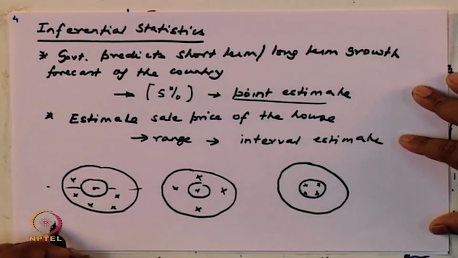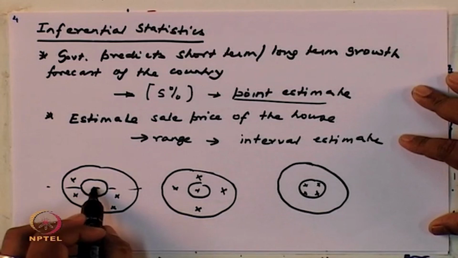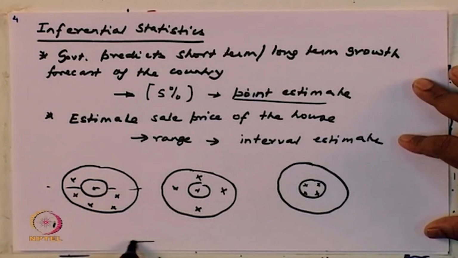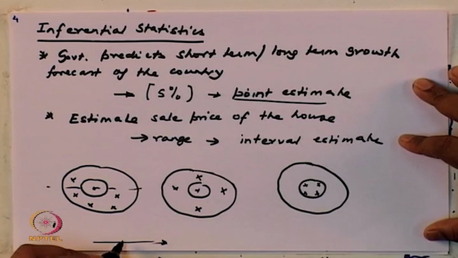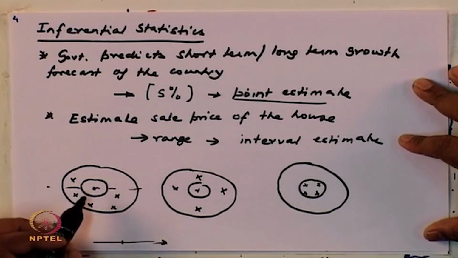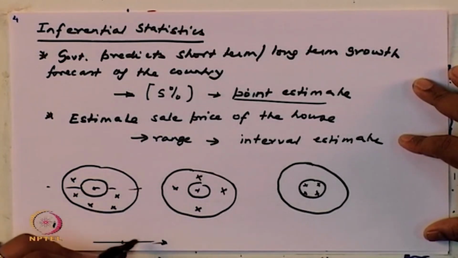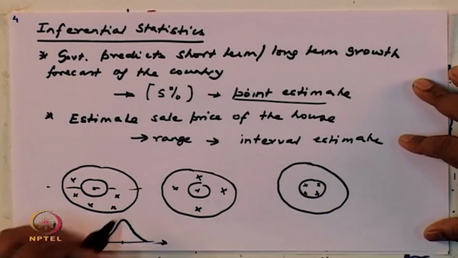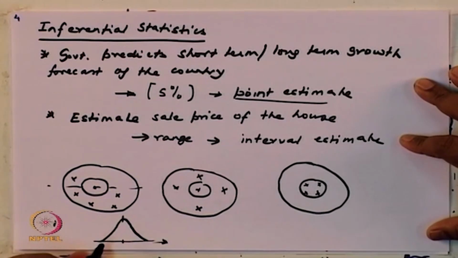Number one, this is the true value of a parameter that you are trying to estimate, on some axis. You want an estimator which is unbiased. In other words, it has equal chance of predicting slightly higher or slightly lower values.